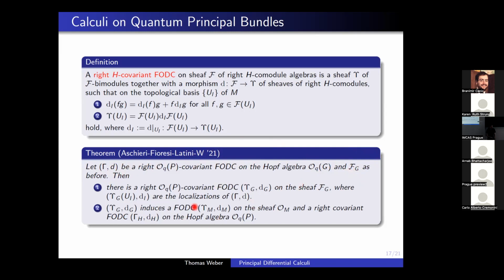And that's basically what's written here. And that's in a nice way that the corresponding calculus on the base functions is just the pullback calculus corresponding to the algebra embedding here.